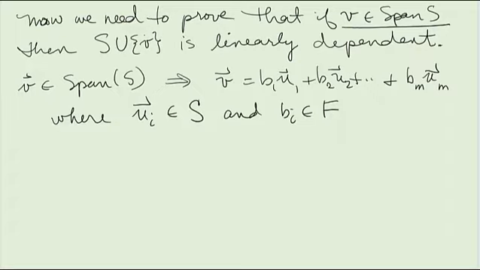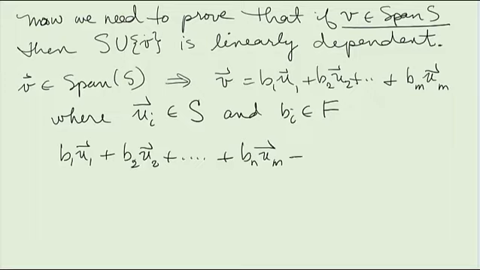Well, then that means that b1 u1 plus b2 u2 plus ... plus bm um is v. Let's subtract v minus v, then that's equal to the zero vector. And the coefficient of v is -1.